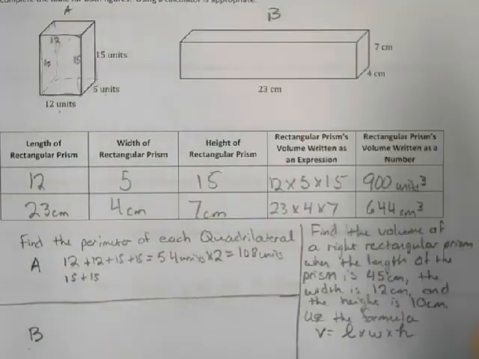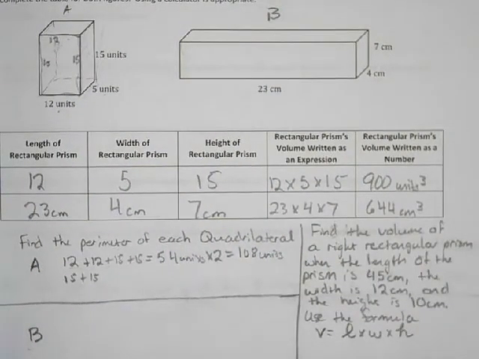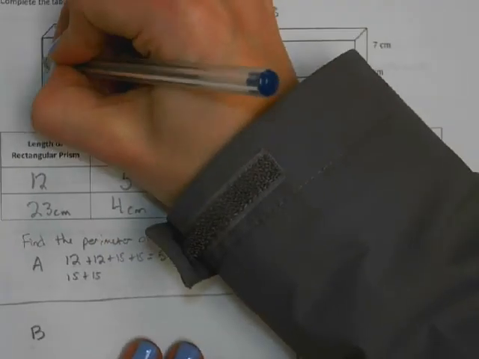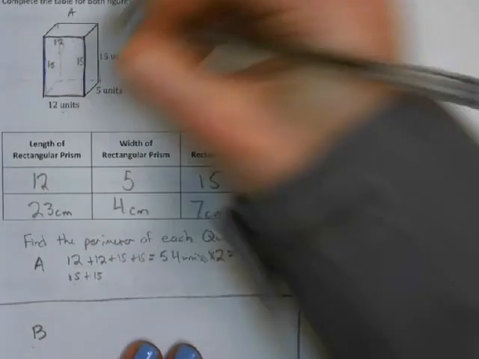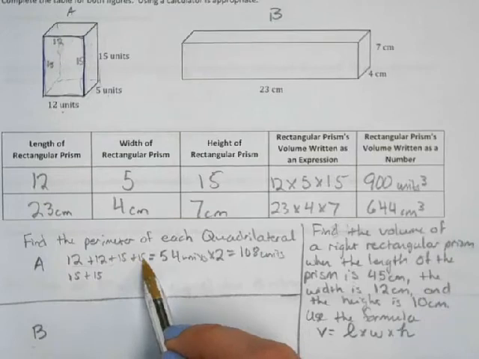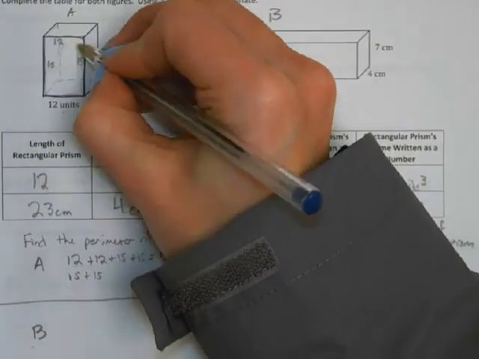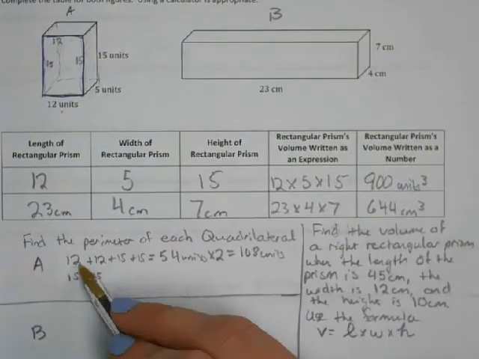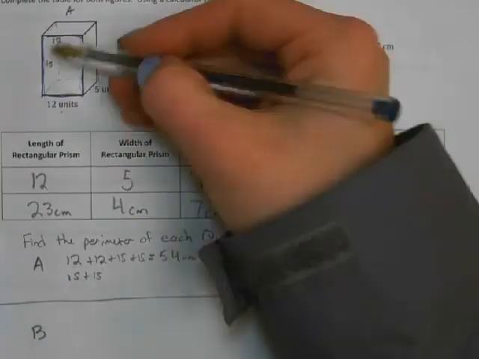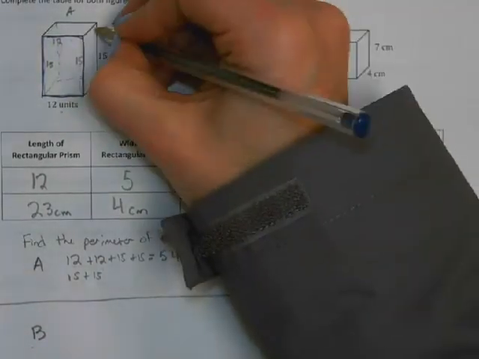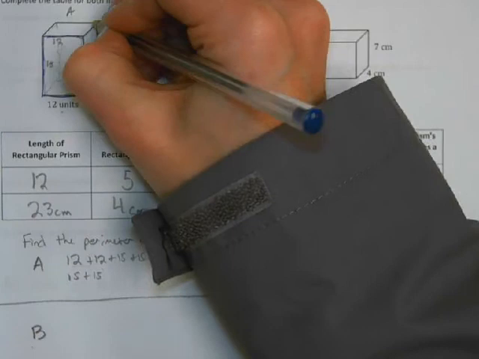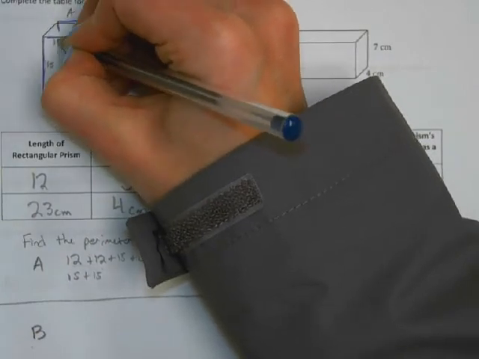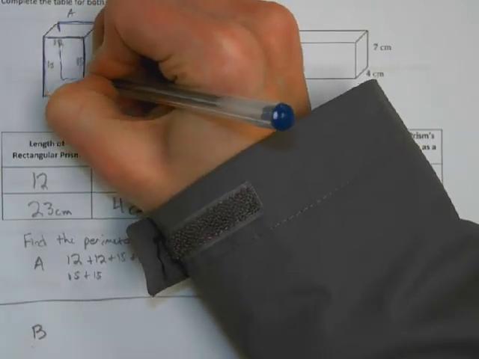So if you look here, we're counting. We've done 15 and 15, right here. I've done 12 and 12, 12 and 12. Now, I did times 2 because I did the other side. And when I did the other side, I counted this side, that side, this side that's hidden, and then that side that's hidden.